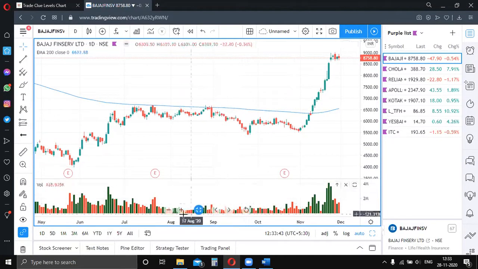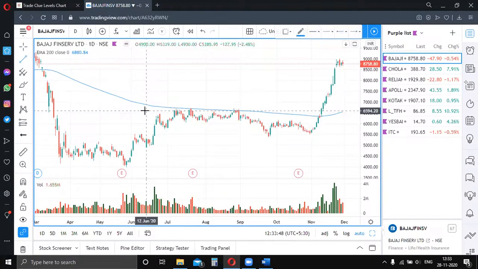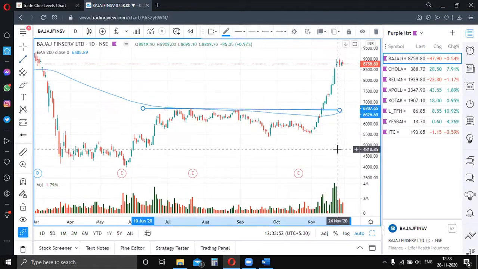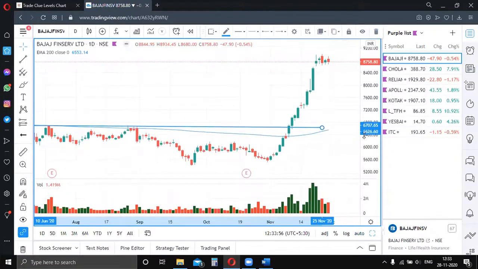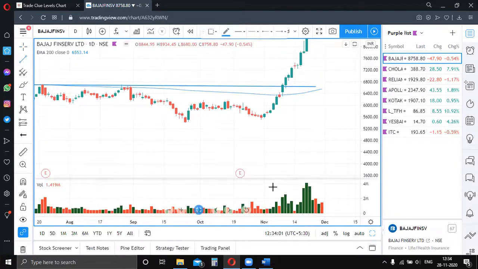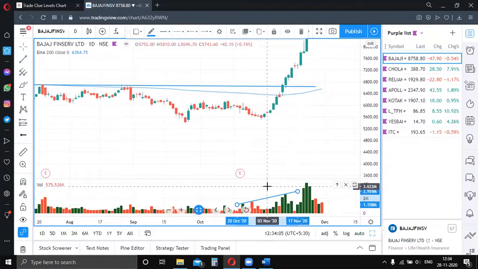So up till here, the price was below that zone, and this was the nearest zone formed by price. Now see here, if you look at the volume pattern, I come to know the volumes are just increasing.